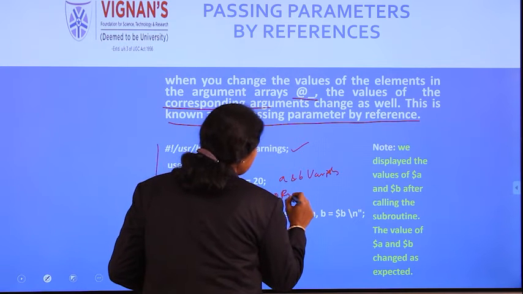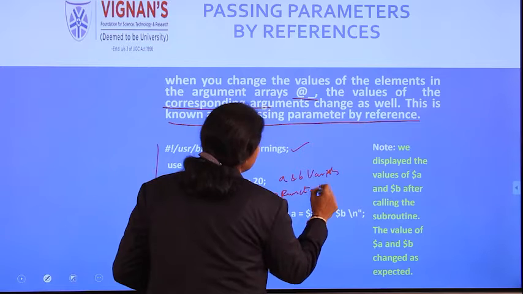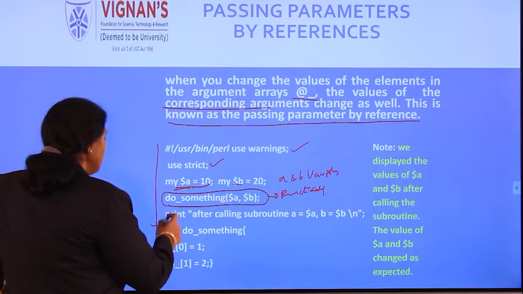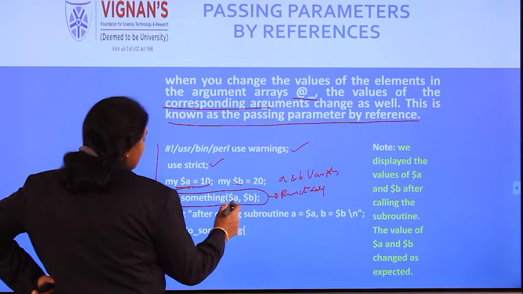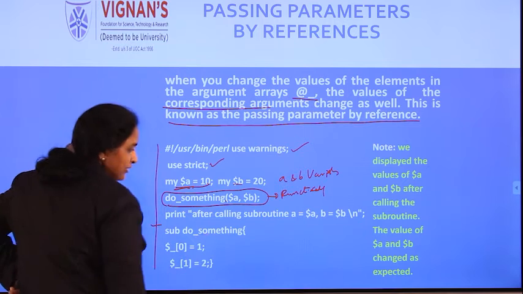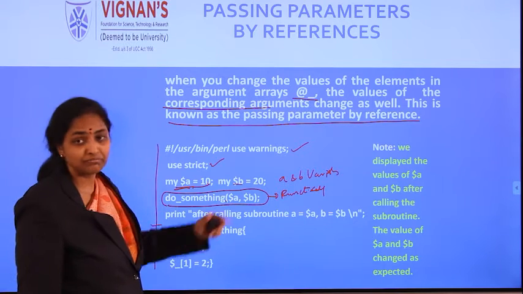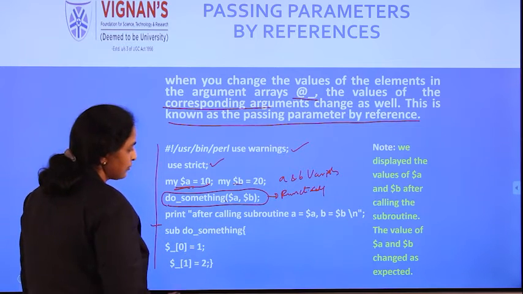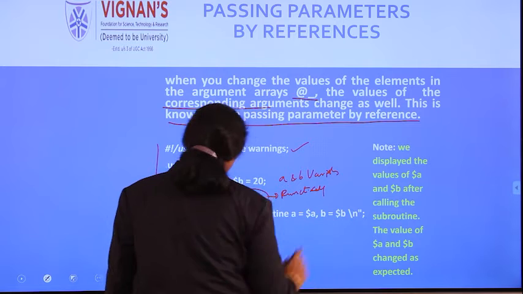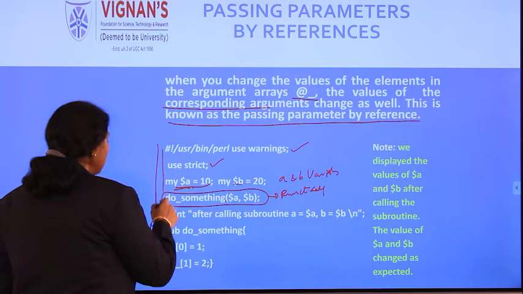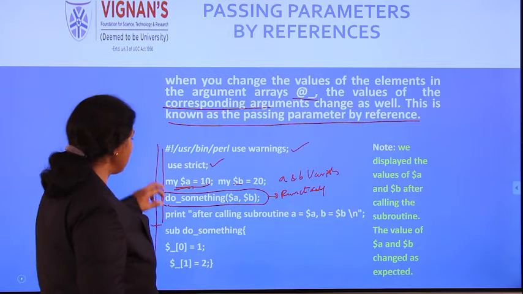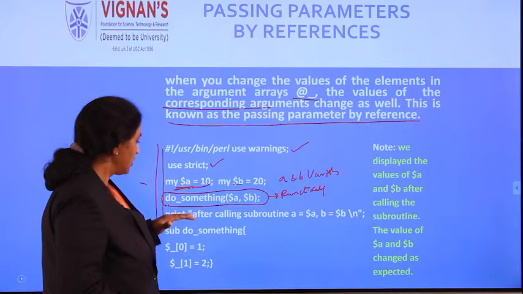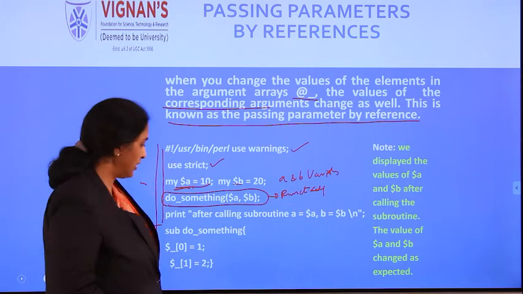How can you understand? do_something is the name of the function and the parameters are A and B. You are passing the parameters A and B. After calling the subroutine, you print A is equal to A, B is equal to B. Up to this is your main program, consisting of creating the variables, initializing, a function call, and then printing A and B.